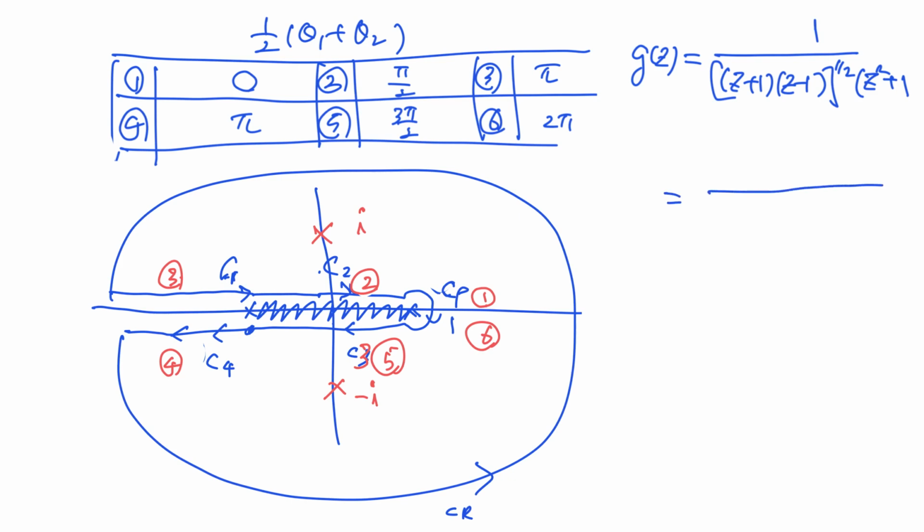This function can be written this following way. Absolute value of c squared minus 1, right? And exponential theta 1 plus theta 2 times c squared plus 1.